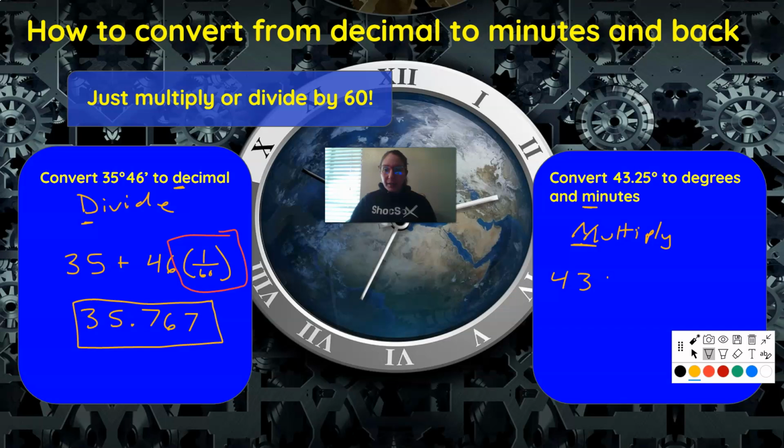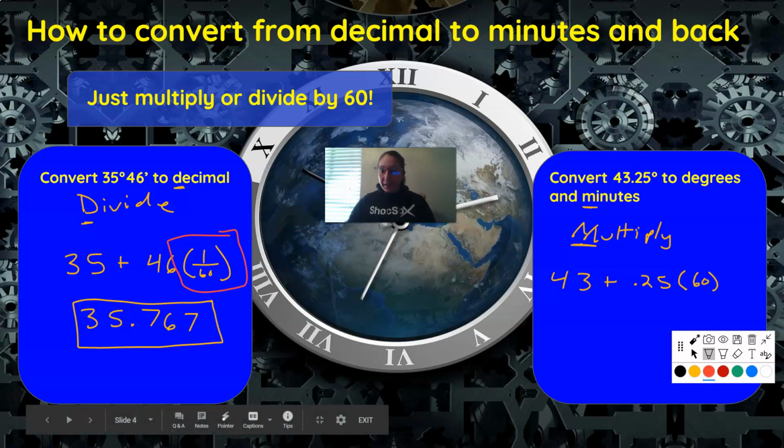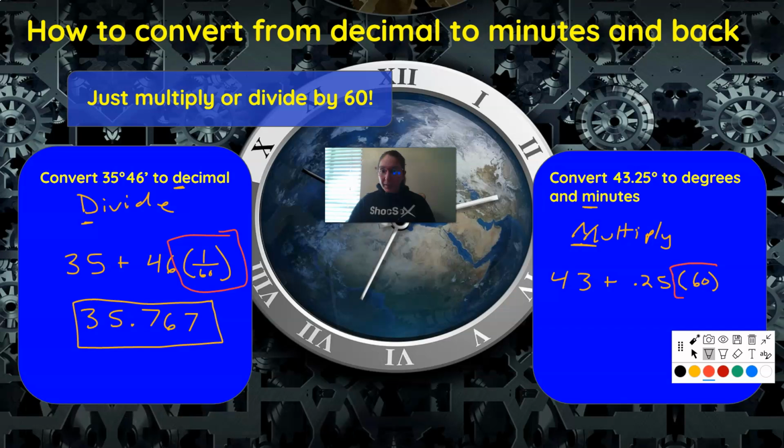So I take my 43, and I'm going to say, in this case, plus 0.25, which is true, right? 43.25 is, I'm adding 43 and I'm adding 0.25 together, and that adds to that. Okay, so first thing I'm going to do is I'm going to split it. I'm going to take the decimal component, and now I'm going to multiply it by 60. Let me just highlight again this multiplying by 60 right here.